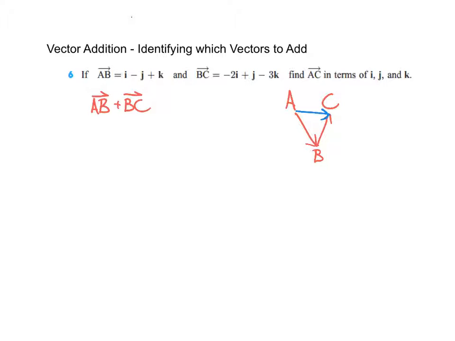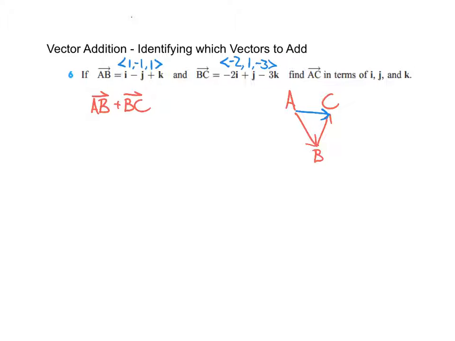All right. So now, as I'm doing this addition, personally, I would rewrite these in a form that's a little bit more user friendly. 1, negative 1, 1. Remember the IJK notation is just another way of writing these vectors with the coefficients. Negative 2, 1, negative 3. Okay?